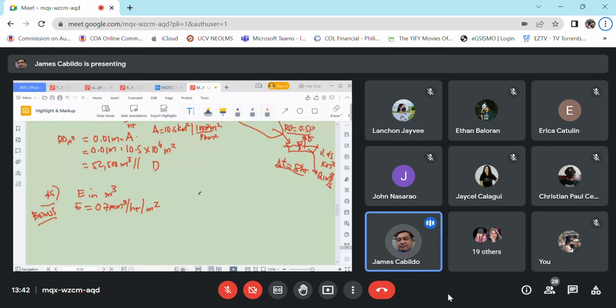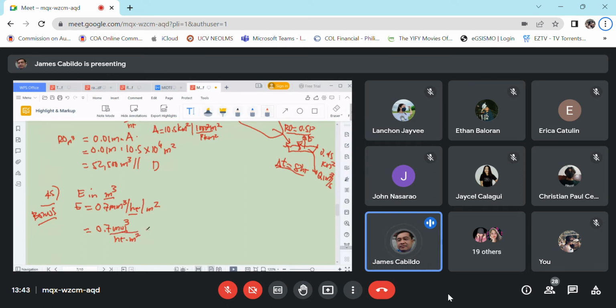So para maging cubic meters ito, dapat makapag-multiply tayo ng hours, which is yung delta T natin na 8 hours observation time, at saka yung area ng pool. Okay? So madali na lang. So 0.7 mm cube per hour square meter.